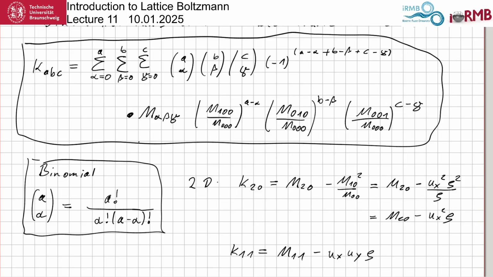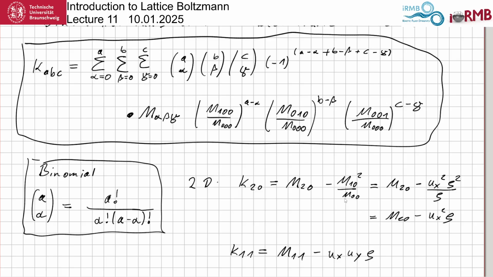It's easy to guess. So it's going to be the rho moment minus the equilibrium. Not necessarily, but in this case it is, yes.